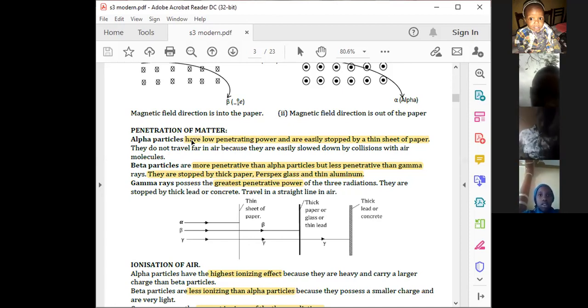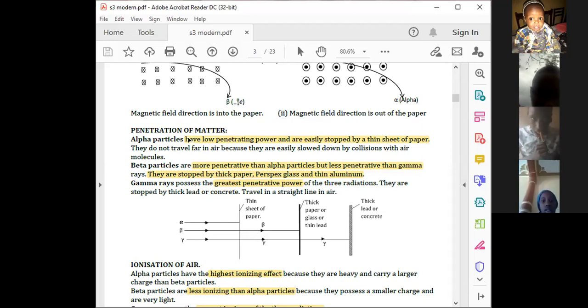Alpha particles, where you see I have underlined and bolded, please note that one. Alpha particles have low penetrating power. And if the penetrating power is low, even a piece of paper that you are holding can easily stop them if they are directed onto it.